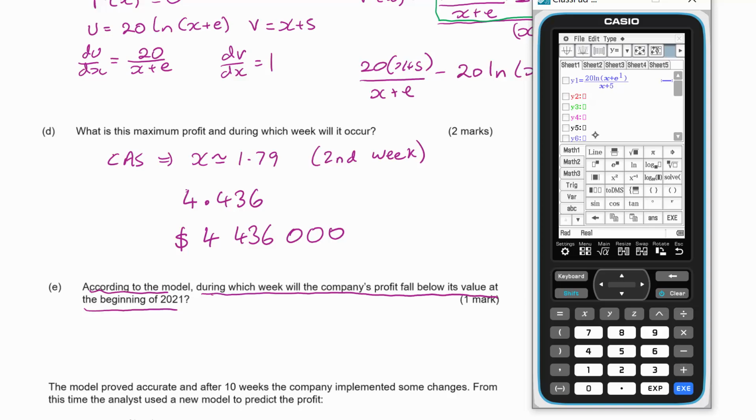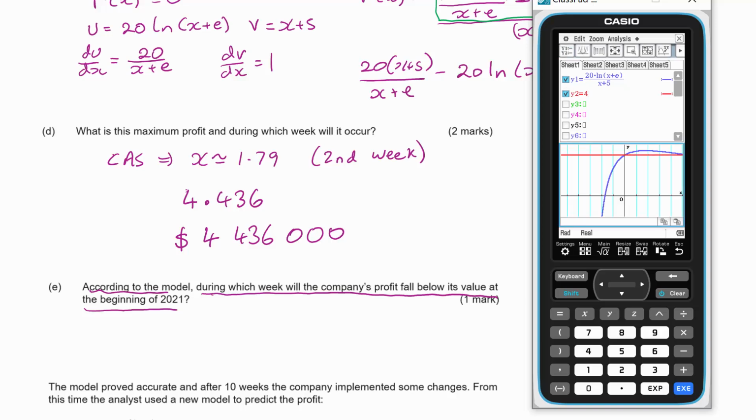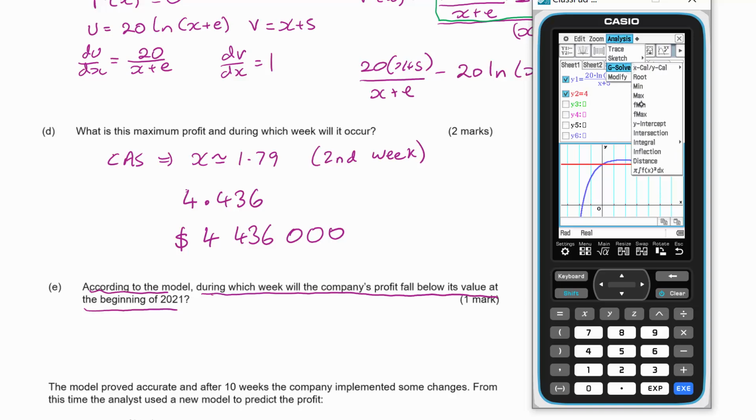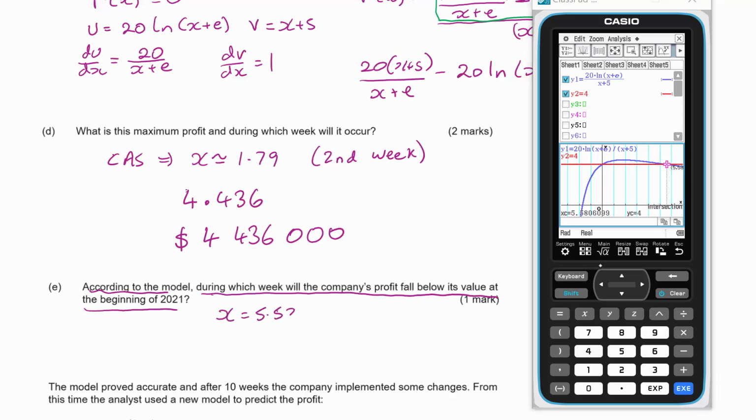And let's also put in 4. And let's graph that. We can see this is going to be the value we want. So G-solve intersection, it's found that one. That was the initial. And then come over here and we'll say 5.581. And so that is the 6th week.